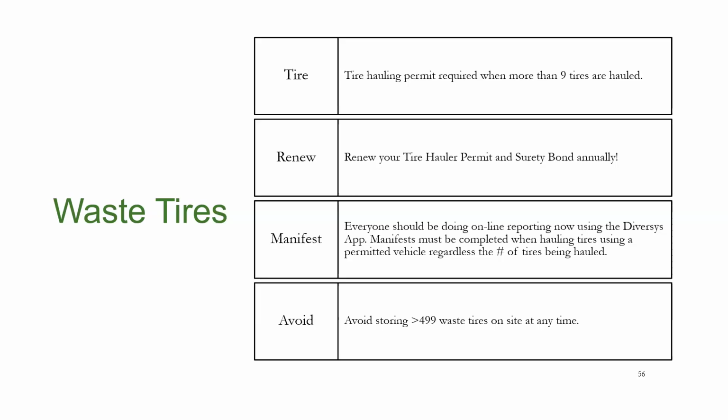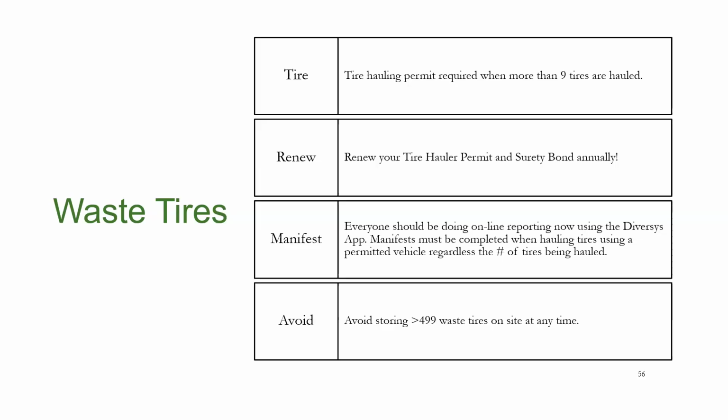Which means if your crews are out on the streets and they're in a non-permitted vehicle that's in your fleet and they see 2 or 3 tires or even up to 9, they can pick those up and bring them back to your location.